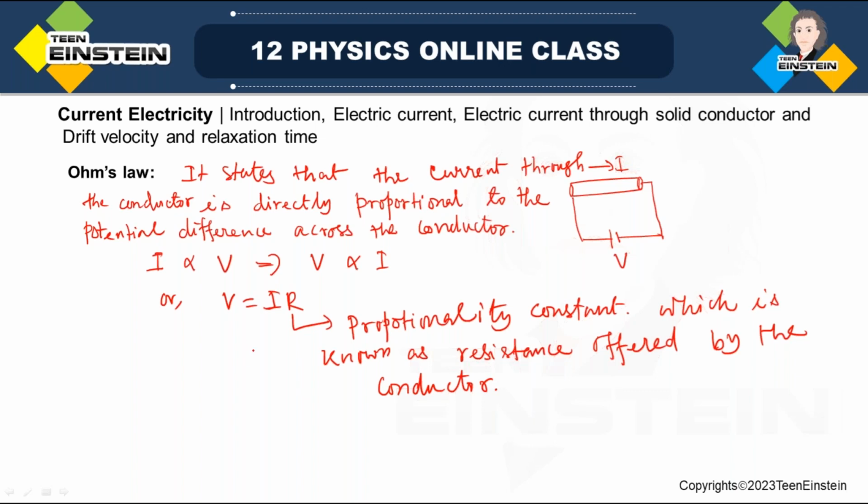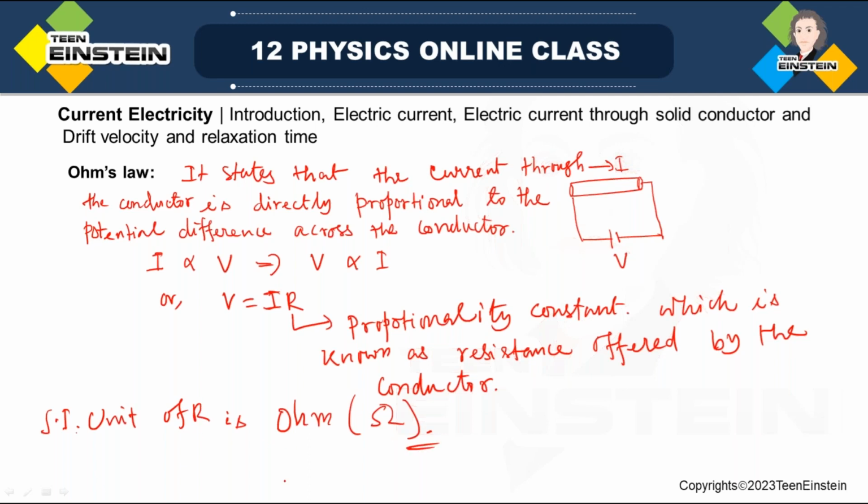We have already discussed somewhat about resistance. The unit, the SI unit of resistance R, is ohm, and it is denoted by capital omega.